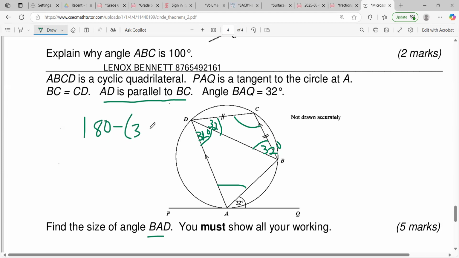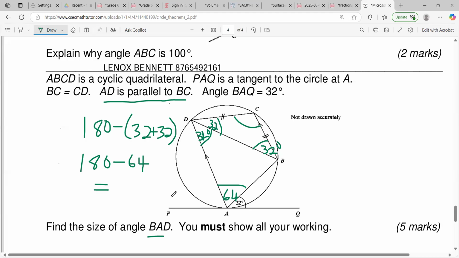So that equals 64. Even if I subtract the difference, you're going to subtract it from 180.